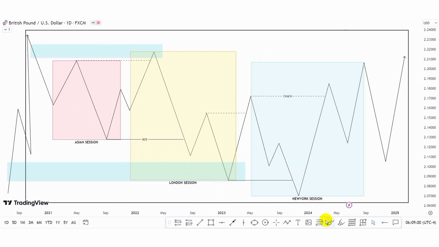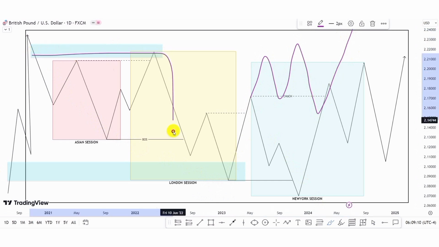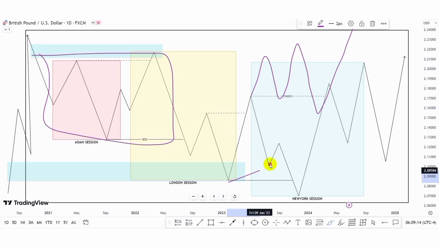So what we are going to expect also during the New York session is to see the continuation of that price to the upside, because we have already the Asian session give us the bearish condition. So we should expect this session to give us the bullish market condition. So these are things you must put into consideration.